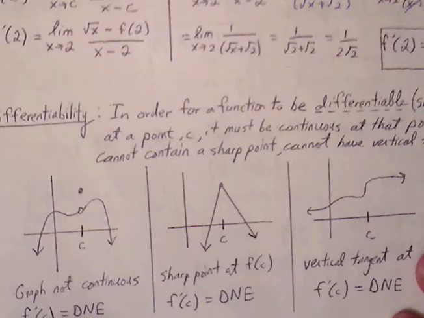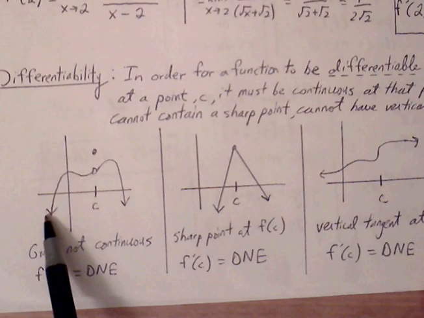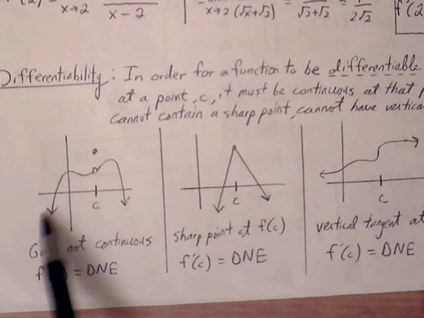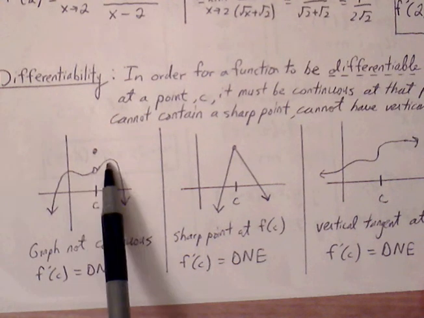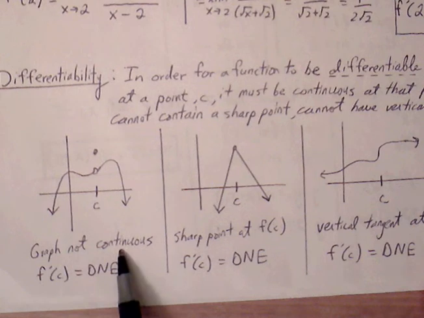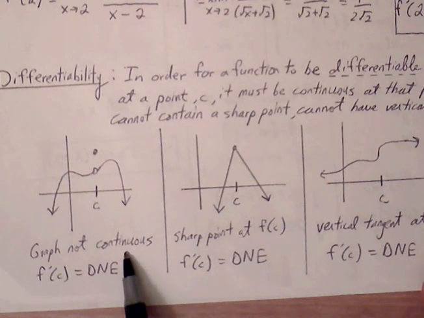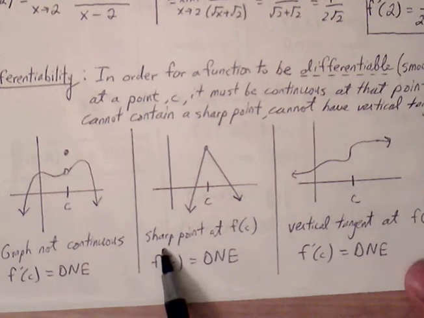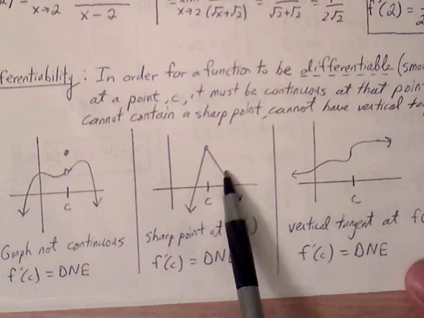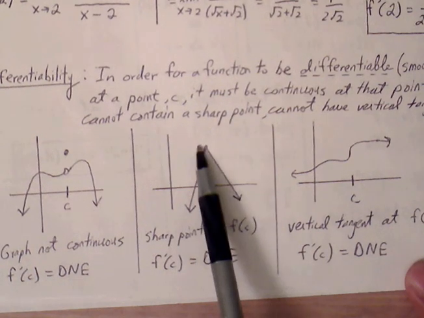So for instance, we can't have a curve that's differentiable if there's a hole in the graph, if there's any breaks in the graph. So first off, the function has to be continuous throughout in order for us to even consider it to be a smooth curve, or the possibility of a smooth curve. If we have a sharp point, then it's not differentiable.